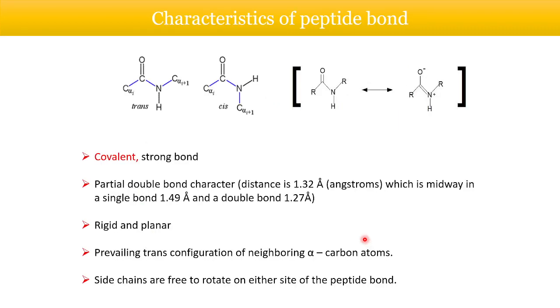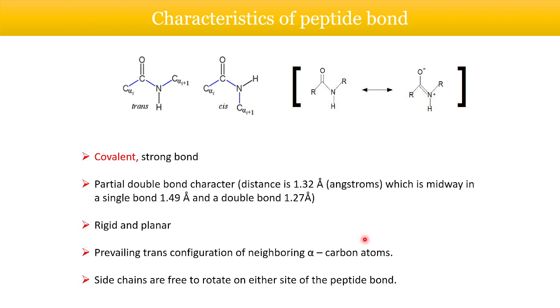Now, what are the characteristic features of this peptide bond? These are covalent and strong bonds, the strongest bond that you would observe for proteins.